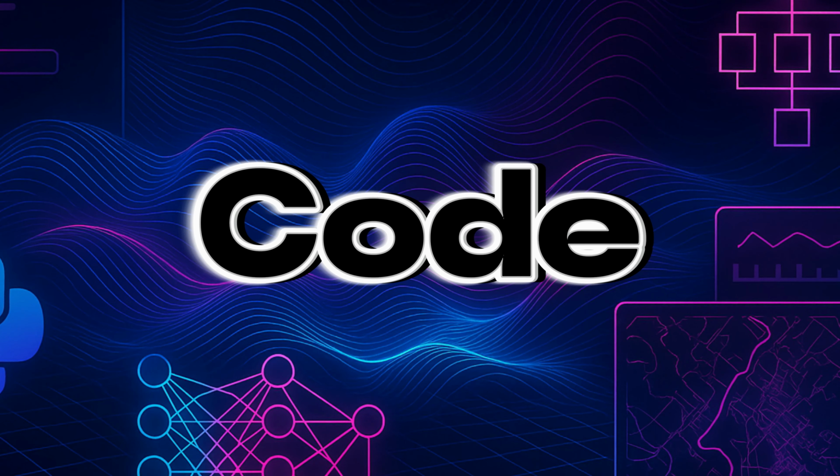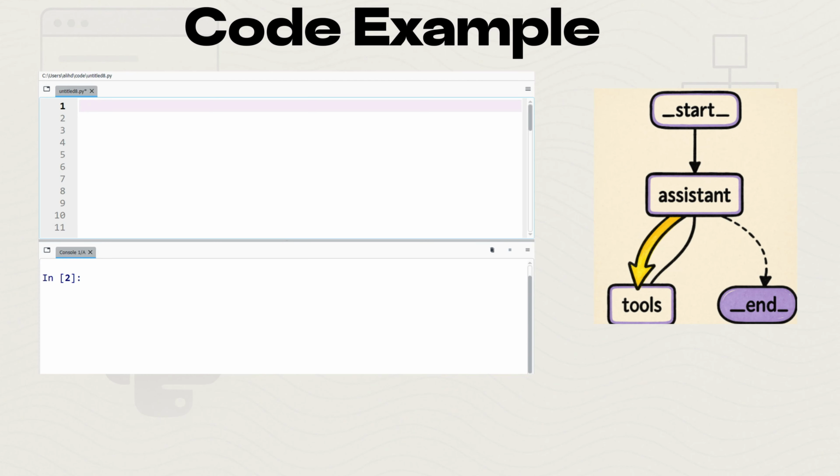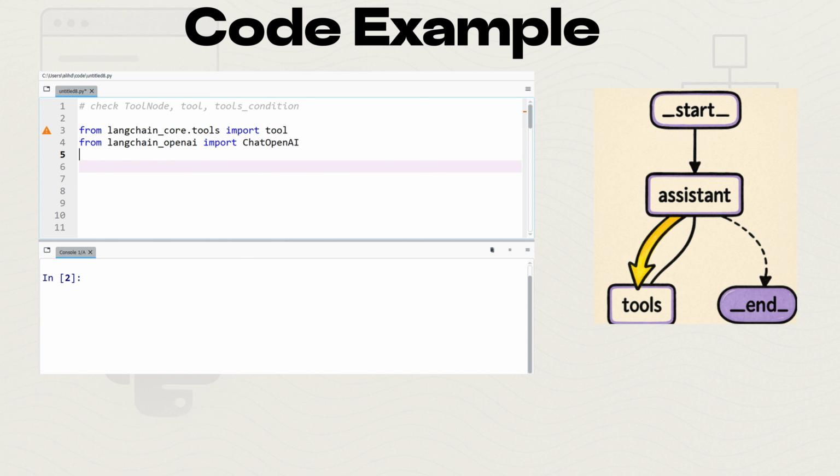As in the previous videos, talking about the overview first, then jumping into the code, let's delve into the code now. We will talk about the tool node, tool decorator, tools conditions. First, importing the decorator. Then I will jump in and get ChatOpenAI, followed by the messages, which will be used with ChatOpenAI.